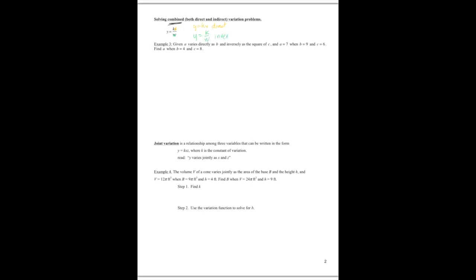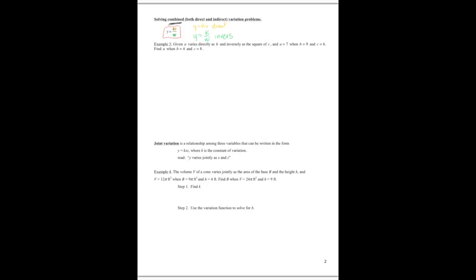If I combine the two, I get combined variation, which is y equals k times x over w. Now you may wonder about the k's. Well, we can combine them into one constant of variation, so you don't really have two k's.